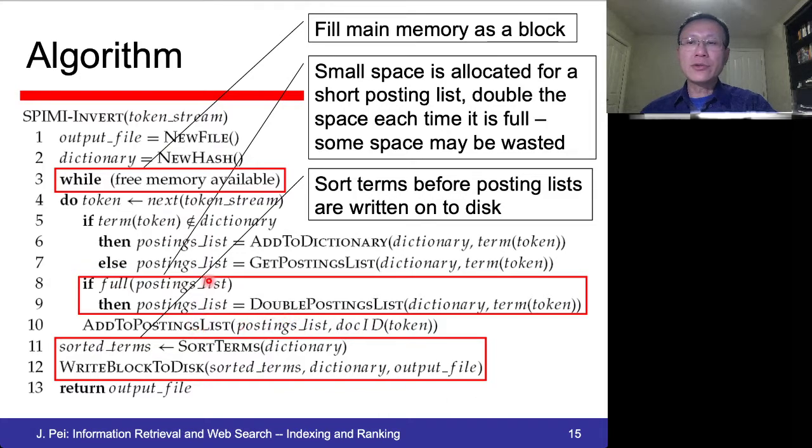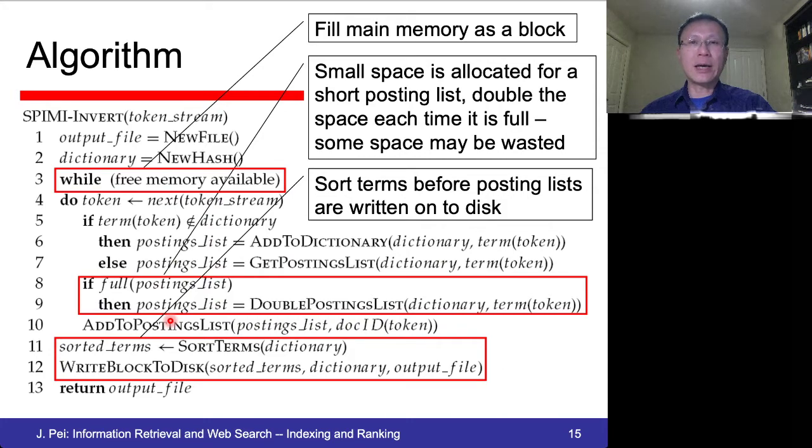And then you sort the terms before postings, and these are written into disk, and then you write the whole block into disk. So you accumulate all those dictionaries on disk, and you don't need to be confined by the assumption that the whole dictionary may be held into main memory.